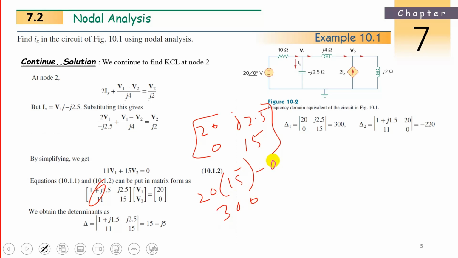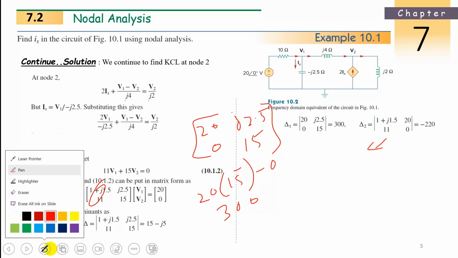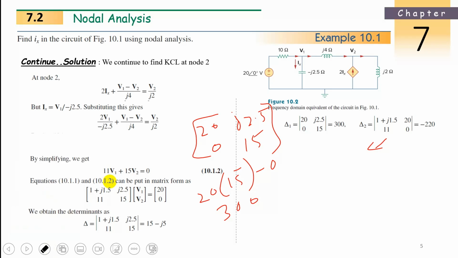Now coming to here, the first column I am putting as it is. Second column I am rearranging with this. So 1 plus j 1.5, next 11.